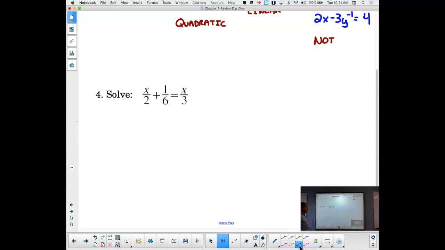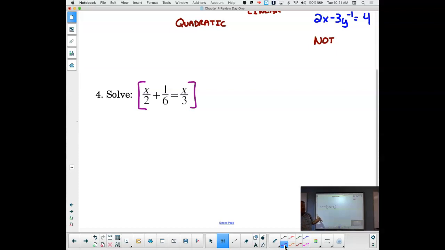Solving number 4, the very first thing that I would do, just because it makes it easier, is multiply my entire equation by something that 2, 6, and 3 go into. So I could go 12, I could go 24, I could go 6, I could go 18.